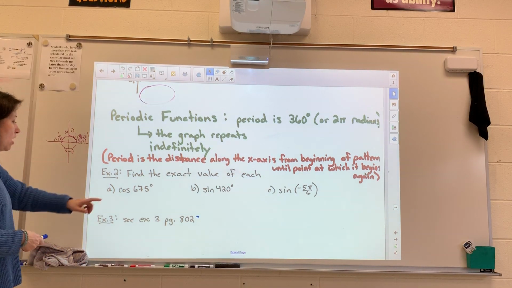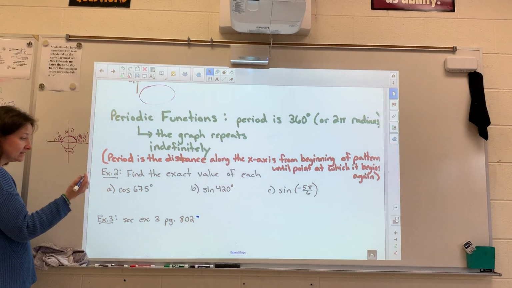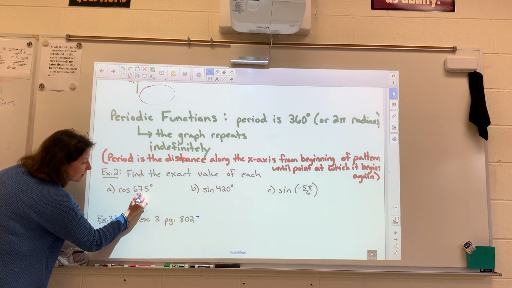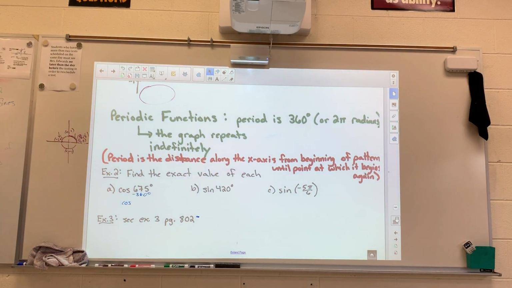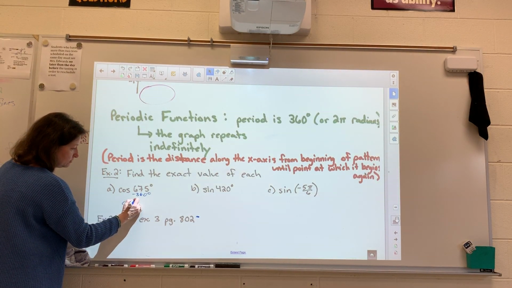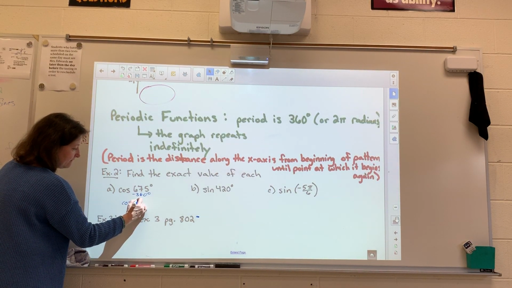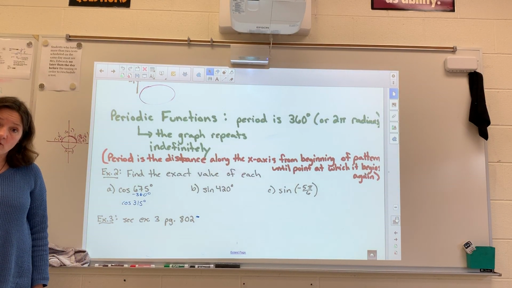So how would I figure out the exact value for cosine of 675? Well, the easiest thing to do is reduce it by 360 degrees. So what does that give me? Well, 675 minus 360 gives me 315 degrees. And then this is a problem we've seen before.